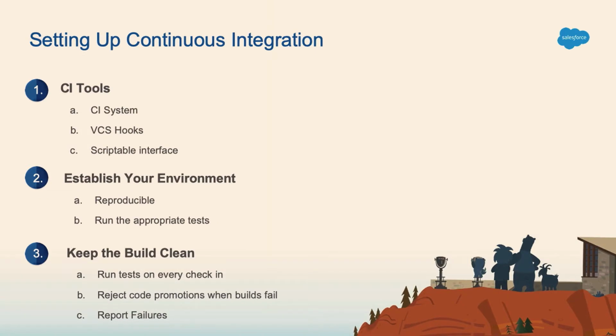So now that you know what CI means, let's get into the specifics around what it means to set up continuous integration. First of all, you need some tools to orchestrate this entire process. You need a CI system. There are several third-party systems that Salesforce plays well with, such as Travis, Circle CI, Jenkins. There's a whole slew of them.